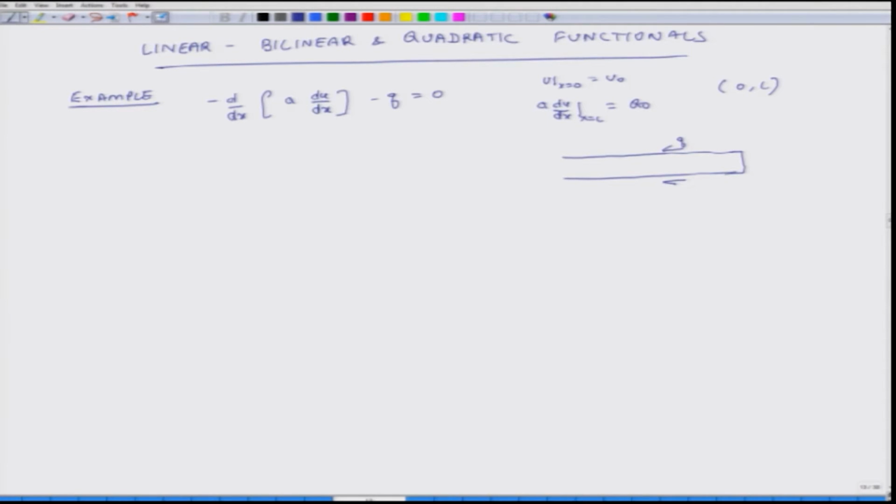I am pushing this bar such that the displacement at x equal to 0 is u naught, and also at x equal to L, so this is my x equals L, I am putting some force q naught.